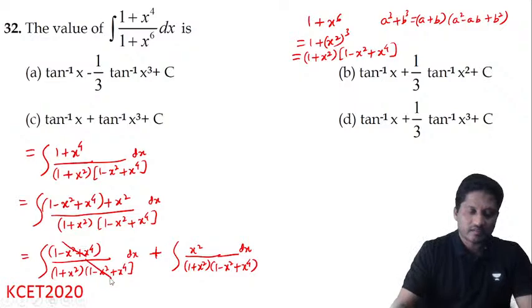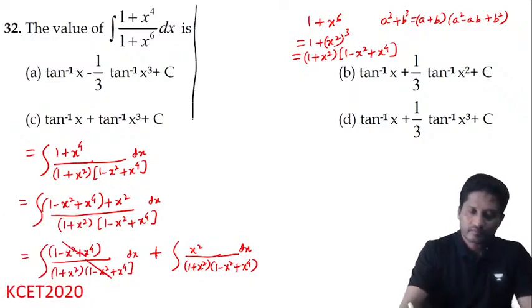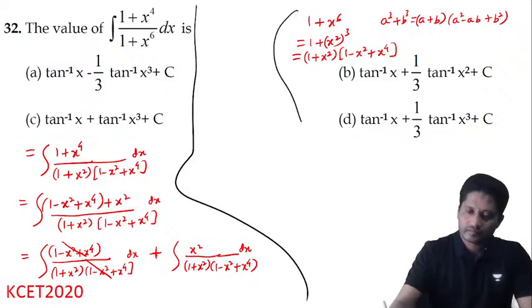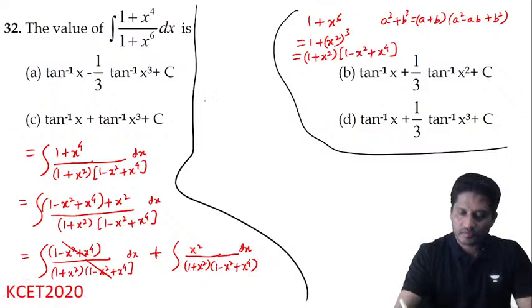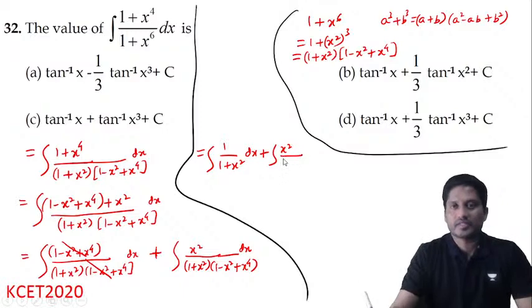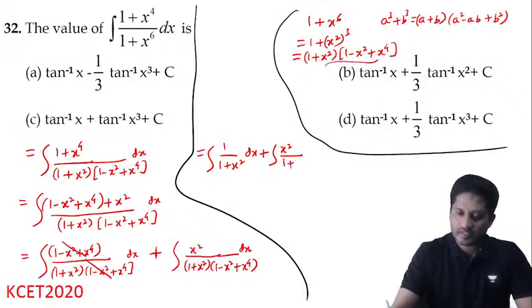Let us cancel this. Now this becomes integration of 1 by 1 plus x square plus integration of x square divided by 1 plus x power 6 dx.